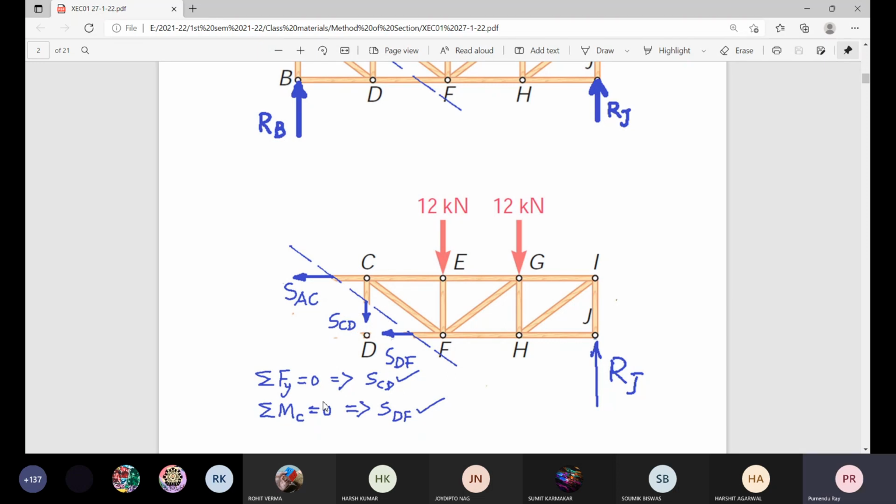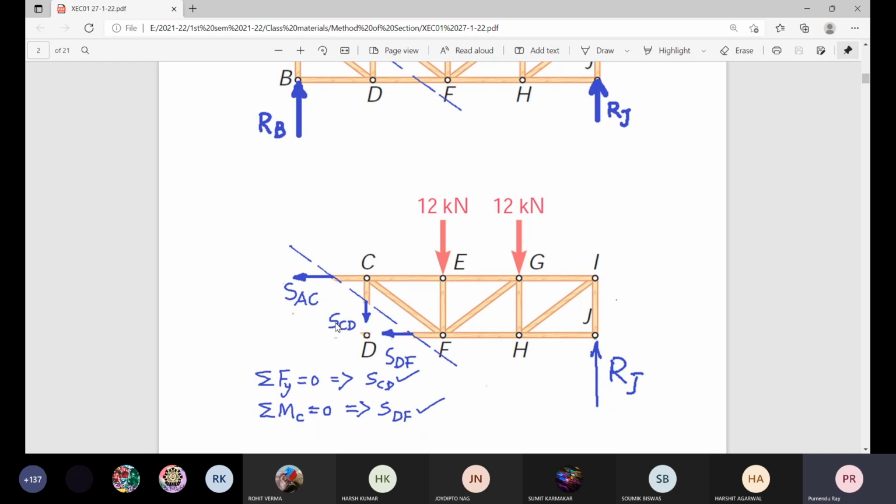Next thing, sigma MC is equal to 0. It gives that facility that in that equation of moment equilibrium, the forces CD and AC are automatically eliminated. So only this unknown force remains there, SDF. SDF multiplied by this distance, that is clockwise, negative moment according to what we have decided, anti-clockwise positive moment.